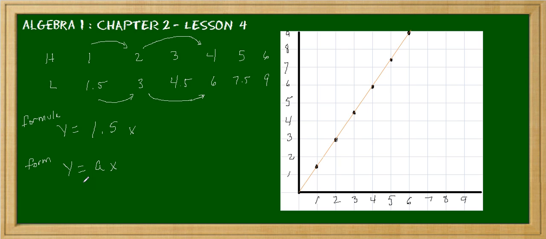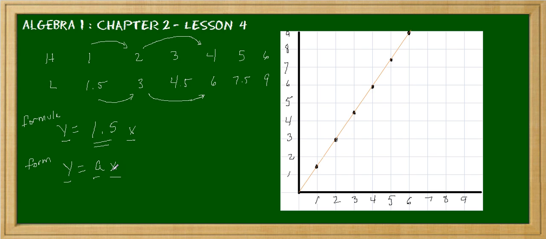So over here, we have a y value, we have an x value, right? And then we have an a value, and you say, well, what's the a value? Well, in this case, the a value is 1.5. Now, the a value has a definition, and part of the definition is that a is a fixed number other than 0.